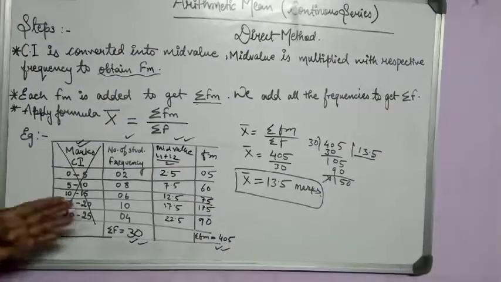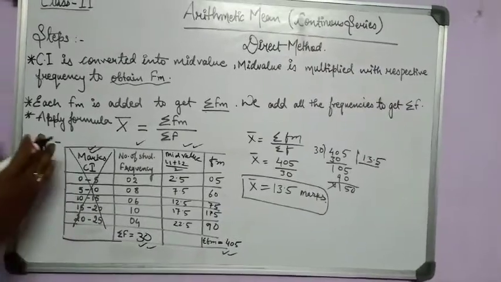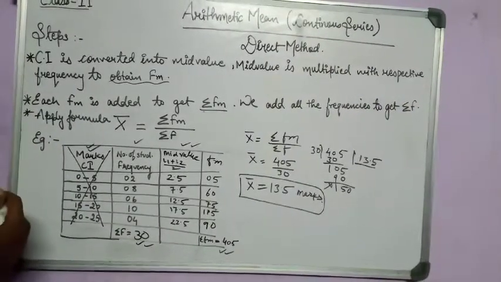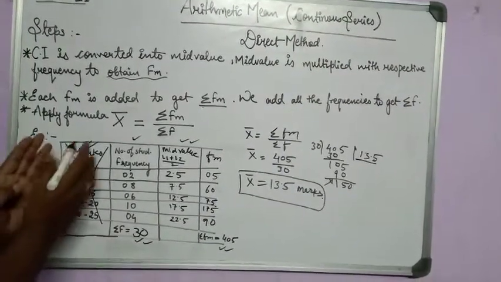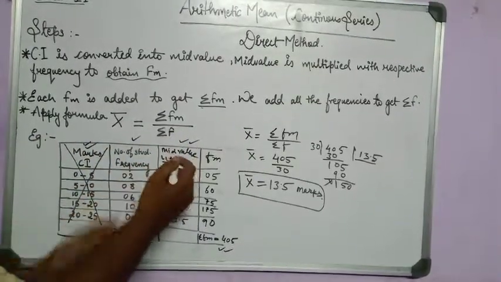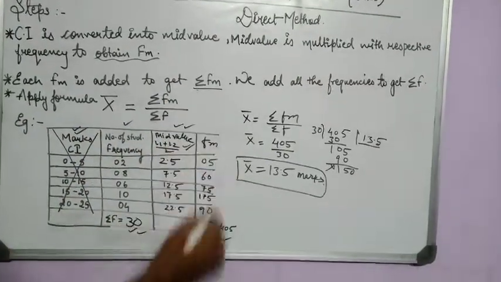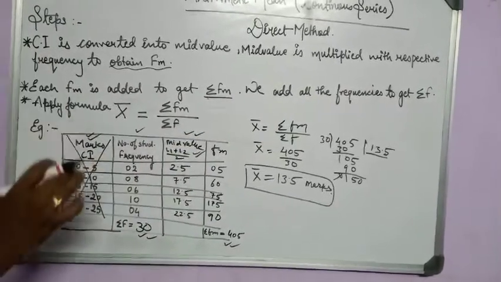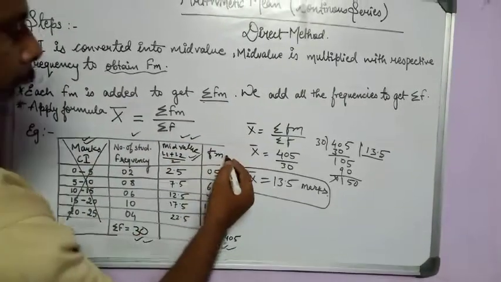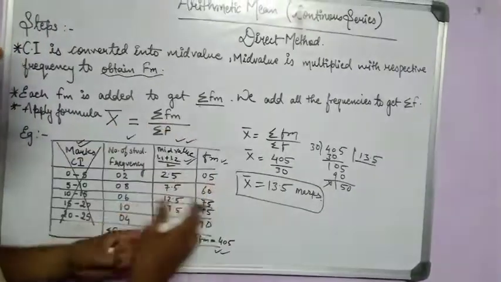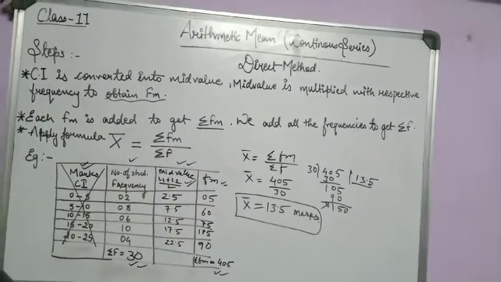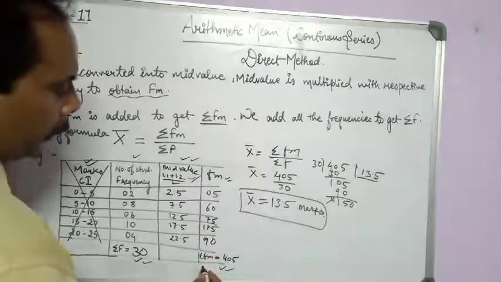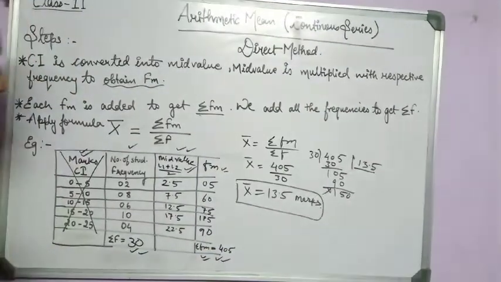So it is very easy. Only keep in your mind that the class interval will be converted into mid value. Now the mid value will be multiplied by frequency to obtain fm. Each fm we will calculate and add to get the sum of fm.